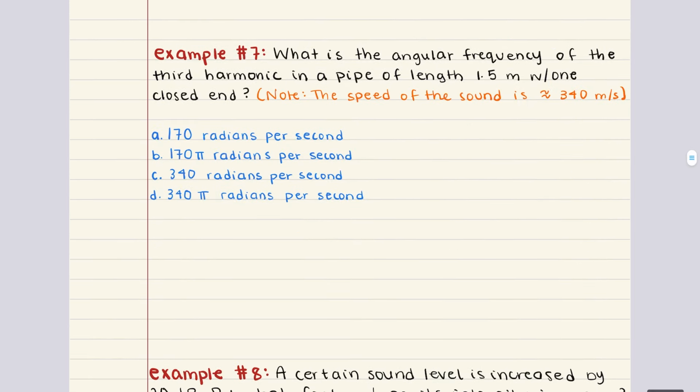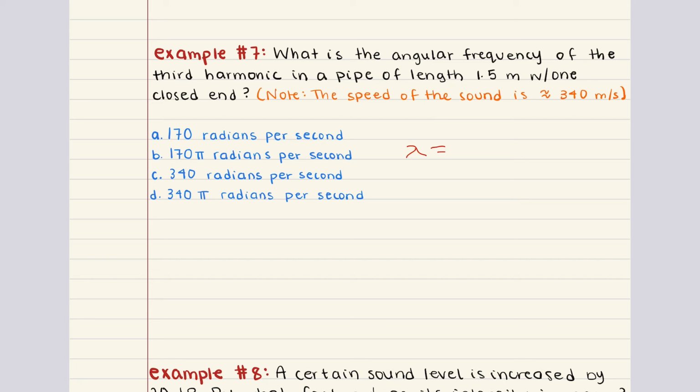Let's do problem 7. Problem 7 says, what is the angular frequency of the third harmonic in a pipe of length 1.5 meters with one closed end? Note that the speed of sound is approximately 340 meters per second. Now, the wavelength of the nth harmonic in a pipe with one closed end can be calculated using this formula.